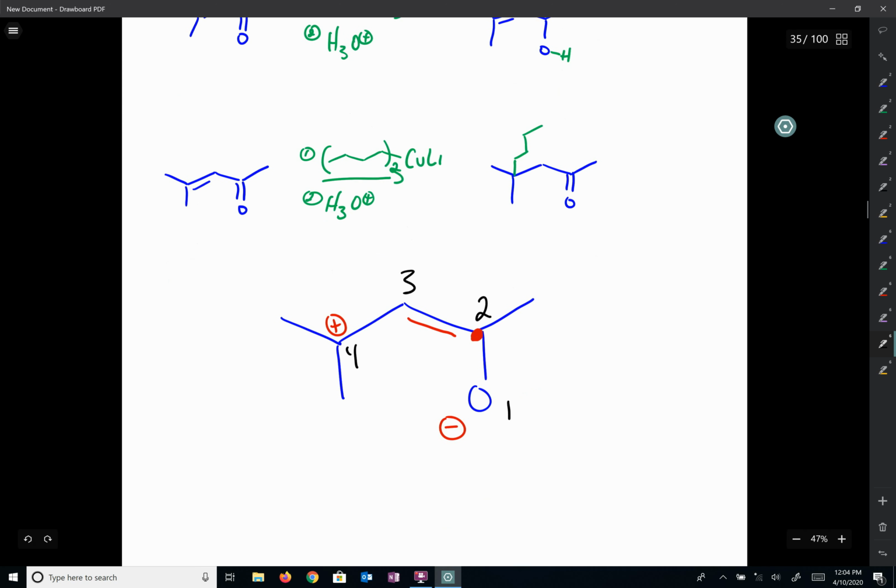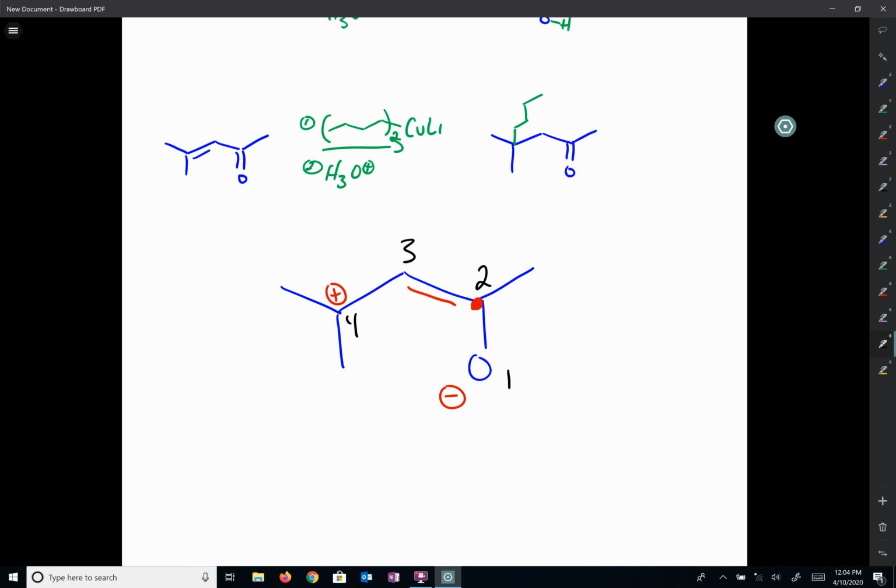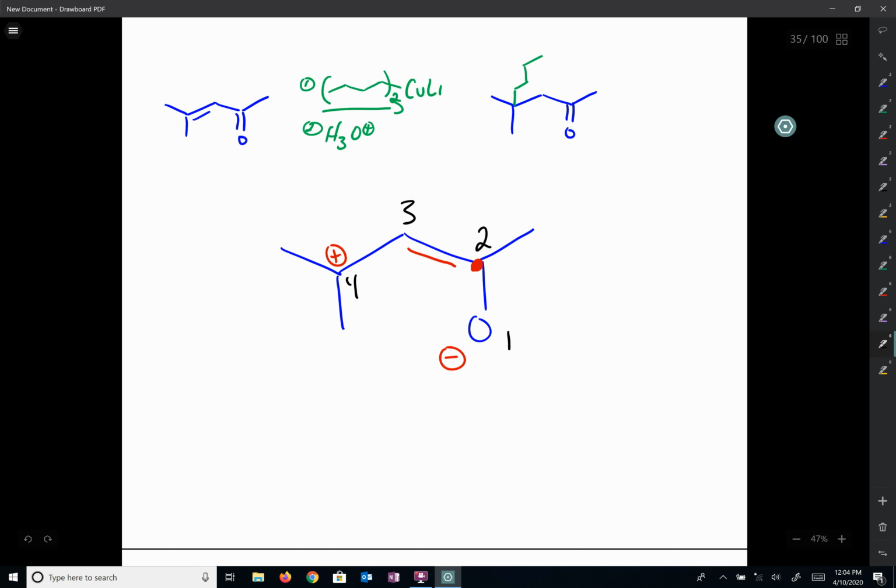Now, when we're talking about additions at the 4 position there, right? We would call this a Michael reaction, okay? And Michael reactions are just an example of conjugate addition reactions.